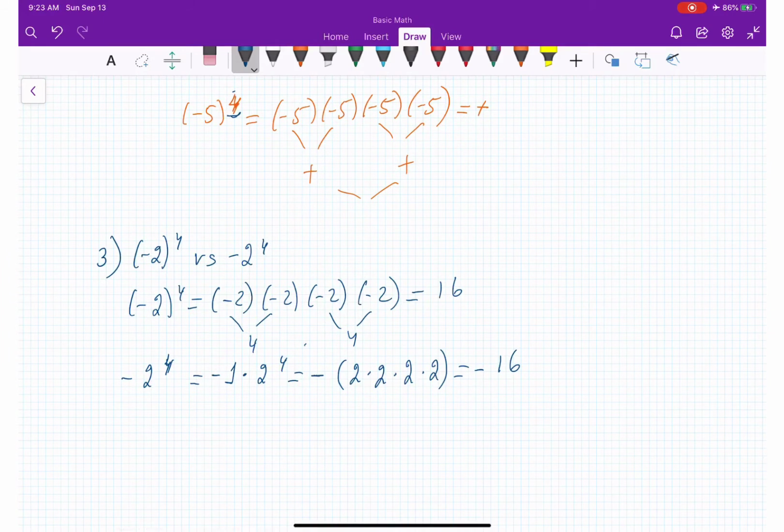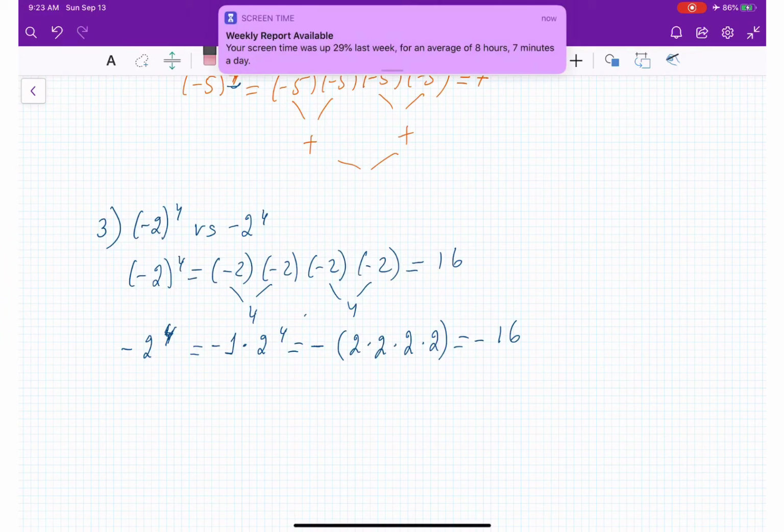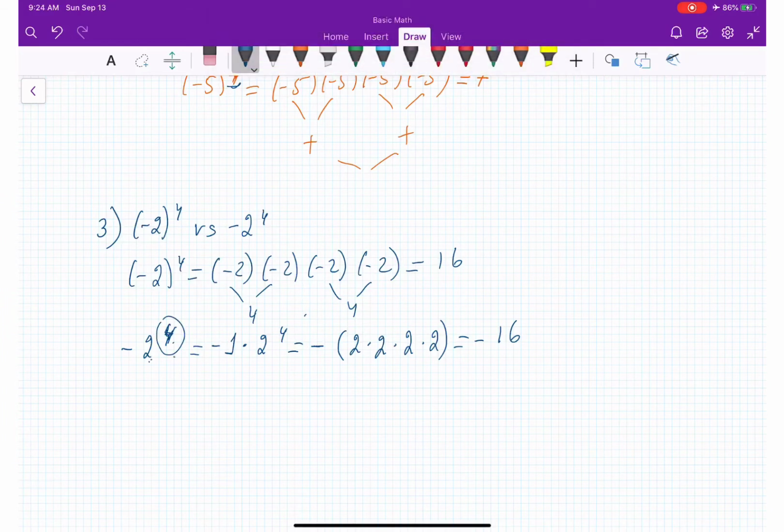So let me explain much more easier, use simpler language. Whatever element this power is close to, that covers that number, that element. In this case, if I have negative 2 to power 4, 4 will take care of only 2.